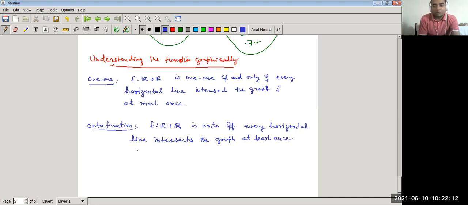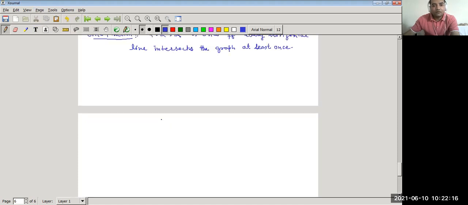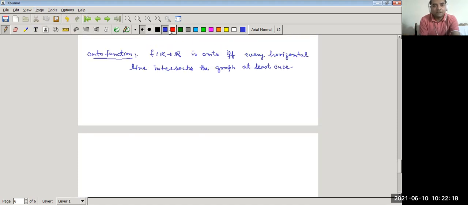So let us think about this. We have discussed one example. f is a mapping from the open interval (0, 1) to the set of real numbers R defined by f of x is equal to 1 upon x. So the graph of this function is like this.